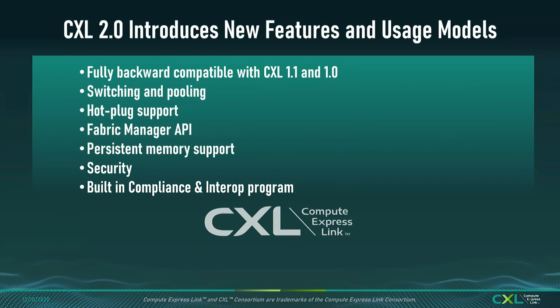CXL 2.0 is also adding a built-in compliance and interop program, which is very important for new specifications to make sure that we have all the right vendors working together to deploy a solution to the market. From here, I'll pass it off to Devendra to walk you through some more detailed specification detail.